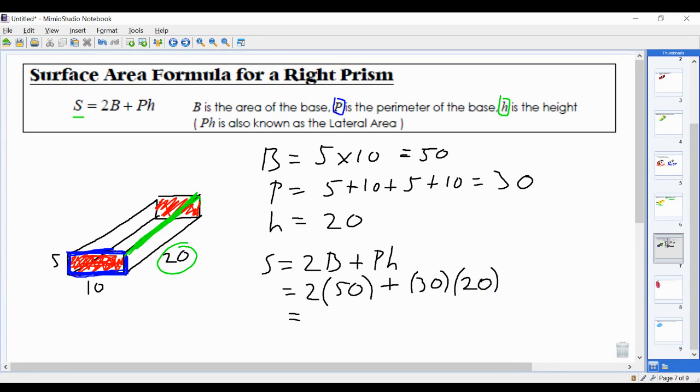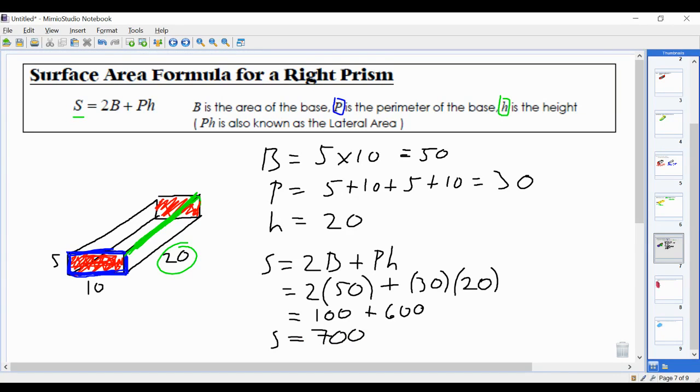So we can simplify that, use your calculator. We should get 100 plus 600, which gives us the final answer of our surface area equals 700.